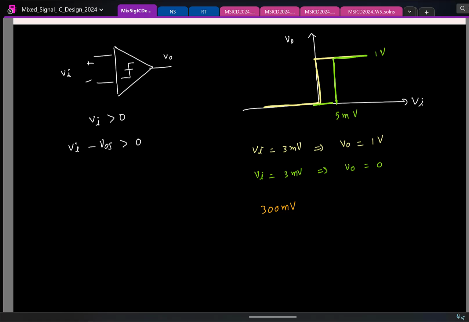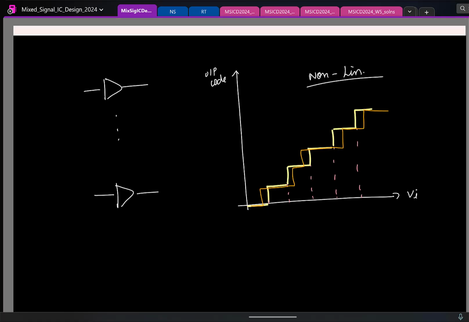So one solution is this: I should make sure that the input reaching my comparator is not really small, it should be really large. So what should I do? The simple thing is you try to amplify it and feed it to the comparator. That is something we commonly do.